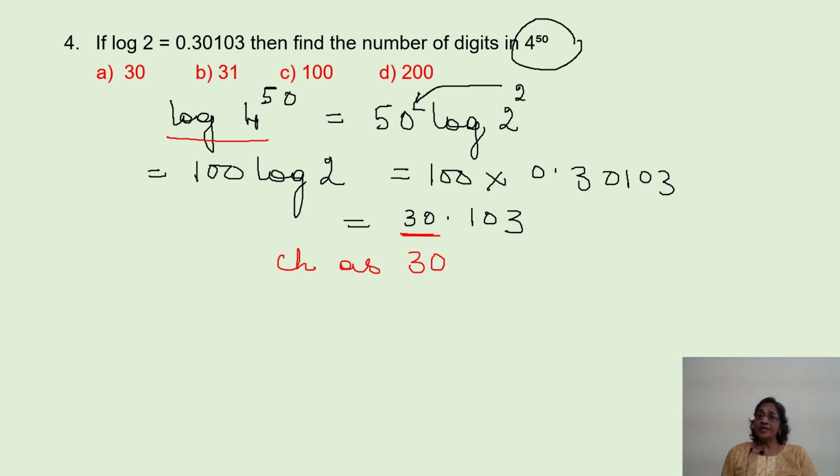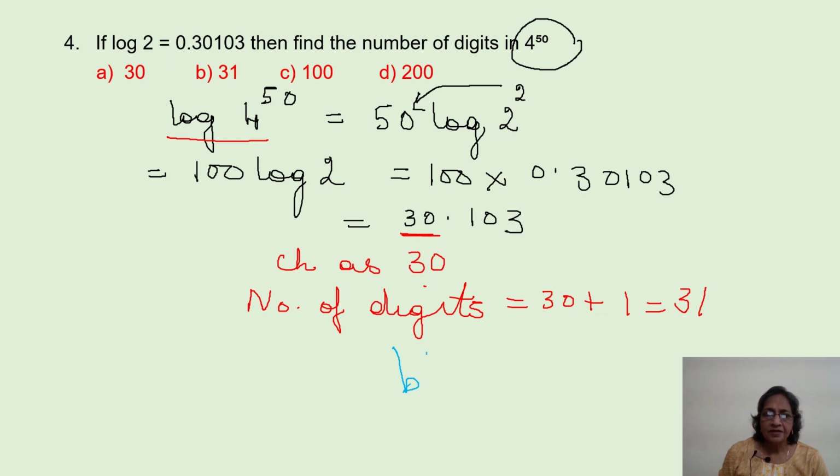So now if the characteristic is 30, how many digits will be there? The number of digits will be one more. That is 30 plus 1. So number of digits is going to be 31. Correct option is the B option.